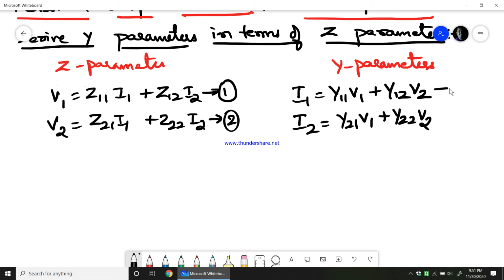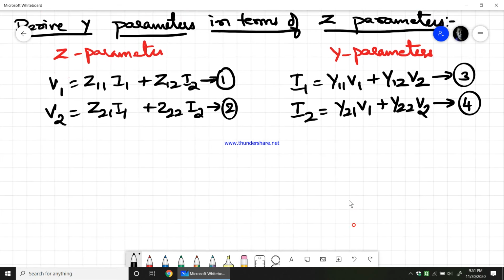So this is equation 3 and 4. Okay, now what we do, we'll try to do some jumbling with this Z parameters equation to get it in terms of Y parameter equation, and compare that Z parameter equation that we get in terms of Y parameter, and then equate the two by comparing the equations that we get. So we'll do that now.